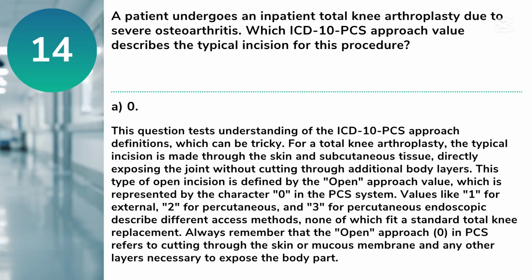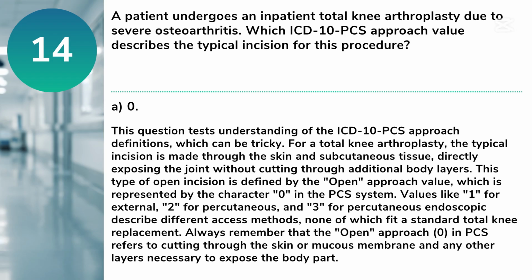Answer A. 0. This question tests understanding of the ICD-10-PCS approach definitions, which can be tricky. For a total knee arthroplasty, the typical incision is made through the skin and subcutaneous tissue, directly exposing the joint without cutting through additional body layers. This type of open incision is defined by the open approach value, which is represented by the character 0 in the PCS system.